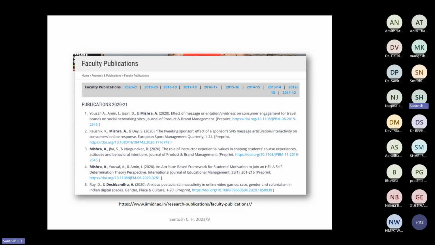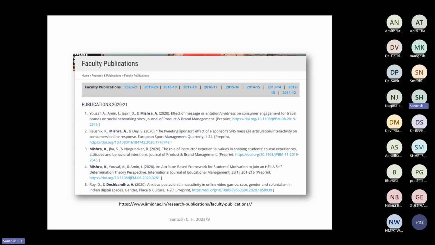The third thing that you need to do is check whether any of your papers are uploaded on your official website, your college or university website. What kind of presence do you have on your own college or university website? Is your name appearing in the faculty list?